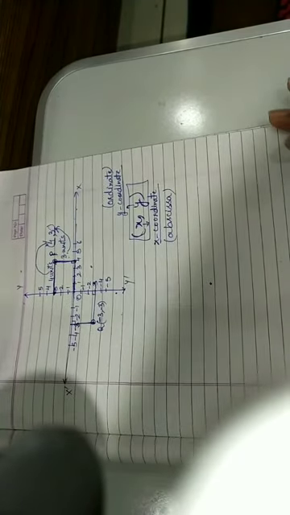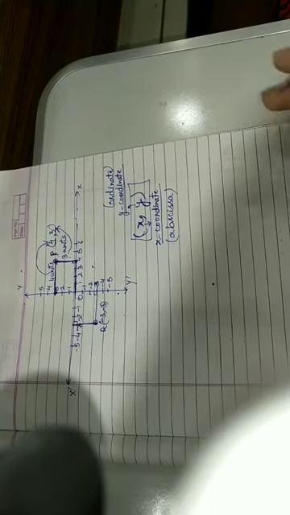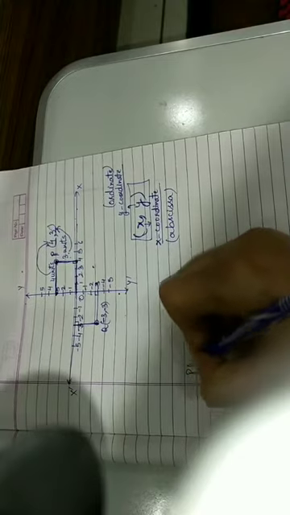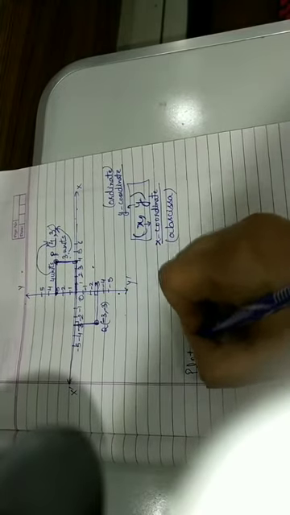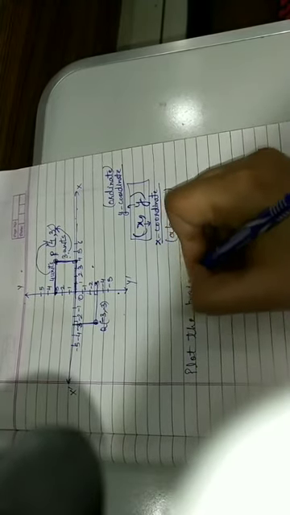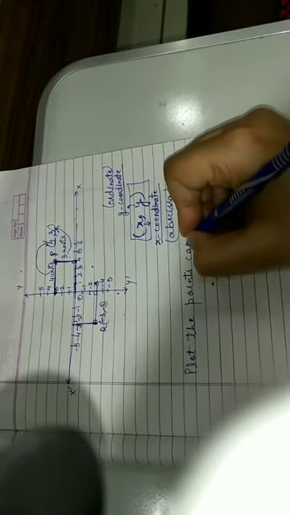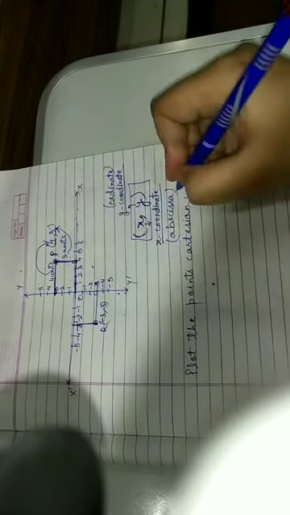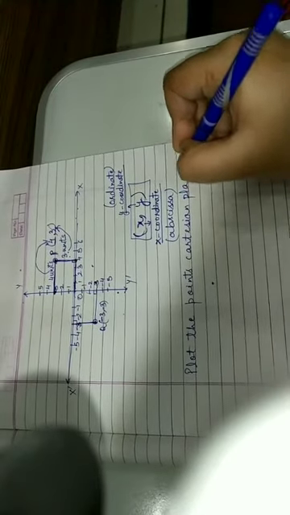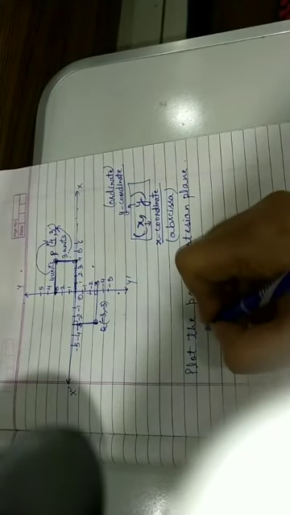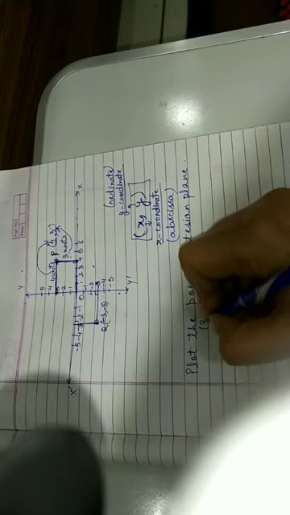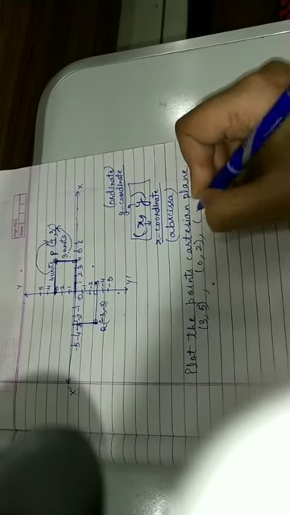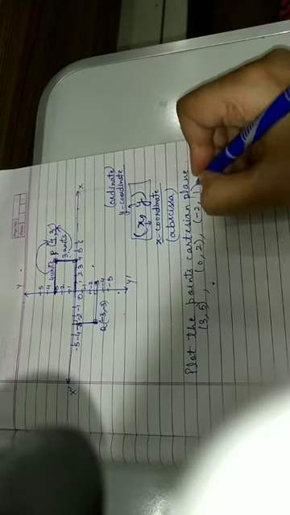Similarly, the question can be in the reverse way also. Suppose the question asks you to plot points on the Cartesian plane. This is your Cartesian plane. Plot the points on the Cartesian plane, and the points will be given like (3, 5), (0, 2), (-2, 1).